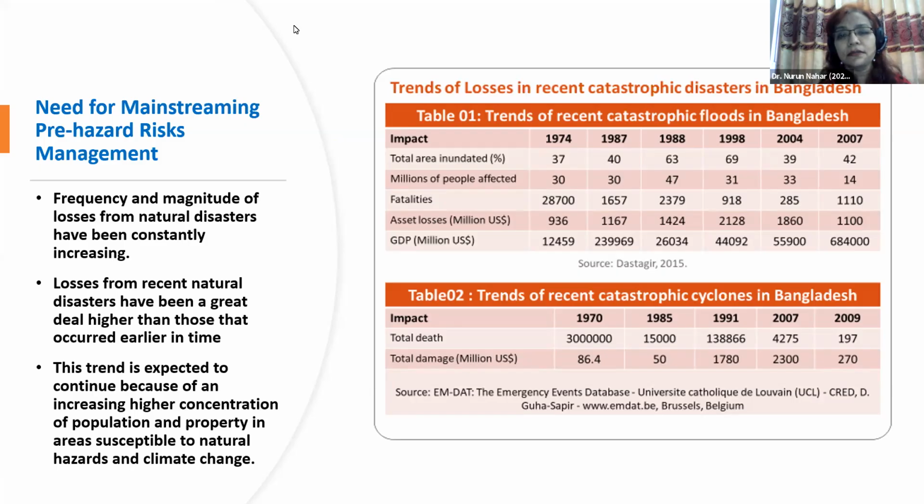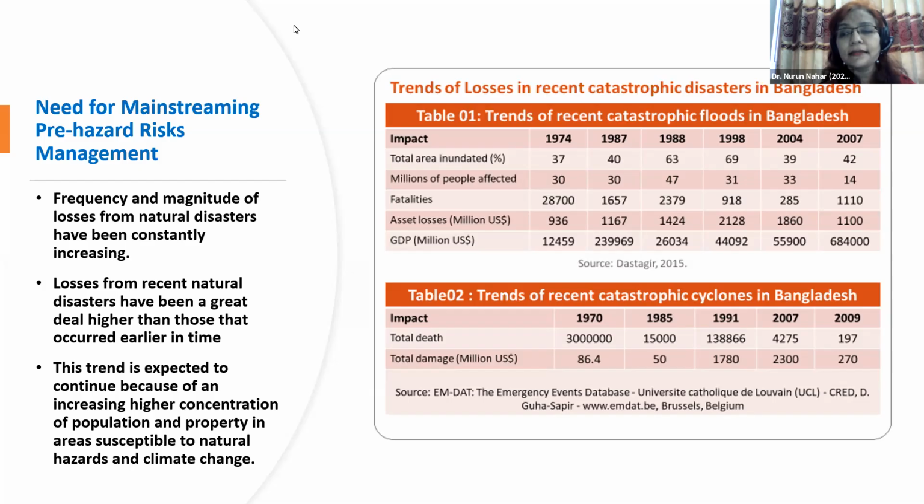You can see the death toll that has happened, although it is falling, because of our government's management, the DRR measures in place, and also more awareness. But still the loss in terms of US dollars is quite high, I would say.